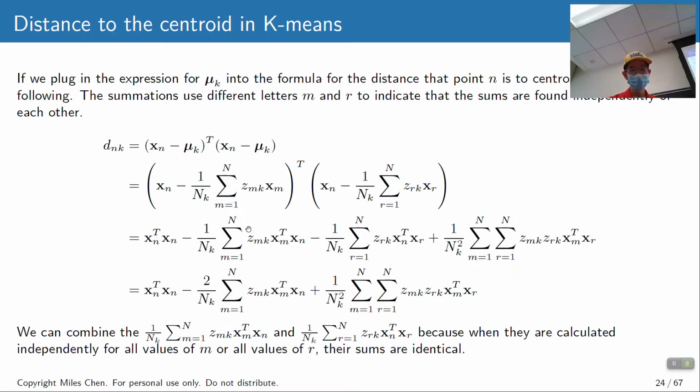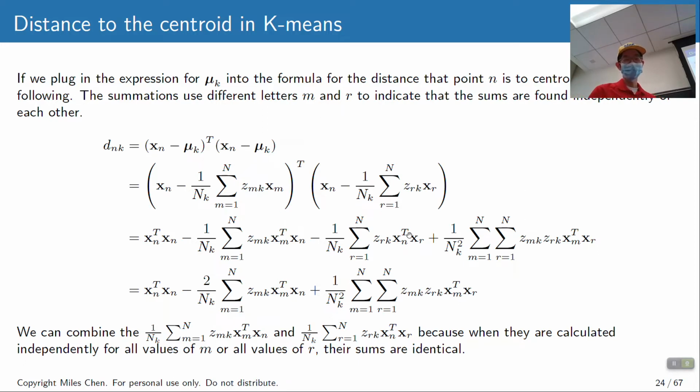And then you get the inner term, this summation with xm times the xn, and then the outer, this summation times xn, so xn times this summation. And then you get the product of the last two summations. So now you get this double summation with the subscripts m and r.